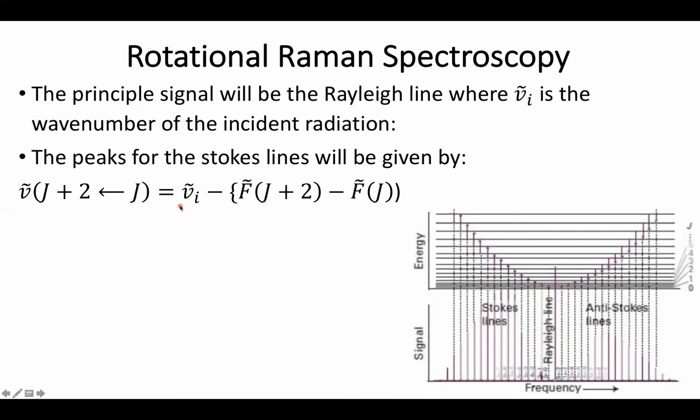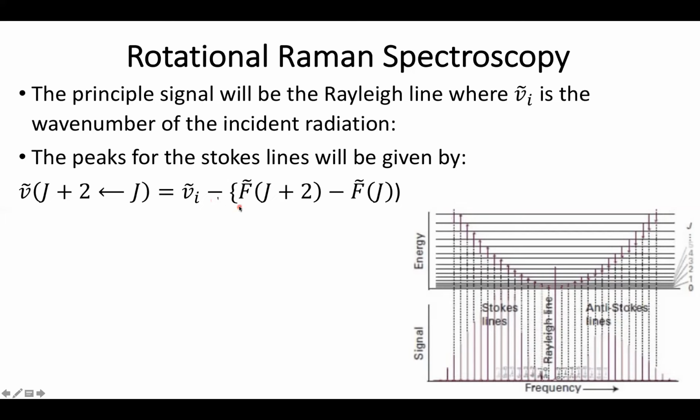So again, my observed peak should be centered on the location of my incident light. But what I'm really going to be caring about is how much shorter I fell of that radiation. Of my incident radiation, how much energy did I steal from that photon in order to increase my rotational state?